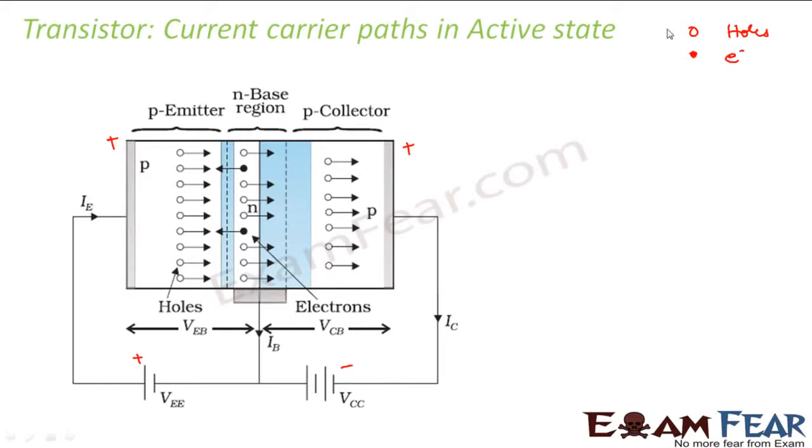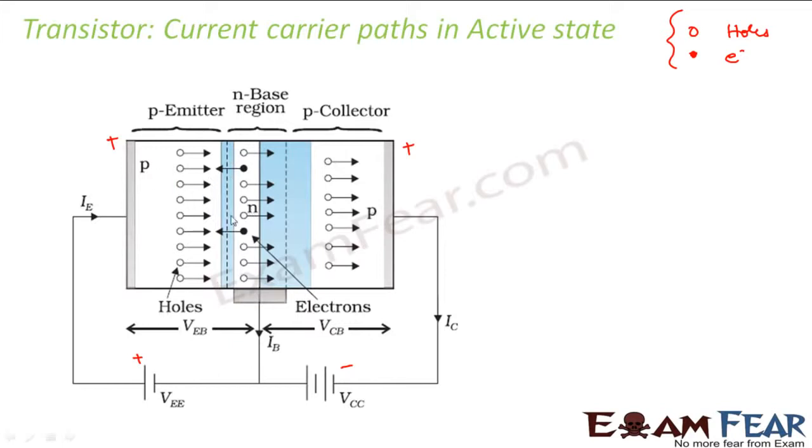Because of this positive terminal, the holes, which are majority carriers in P, get repelled, and as a result they start moving towards the emitter base junction. This blue line is the emitter base junction.